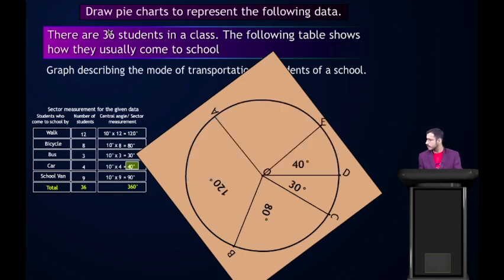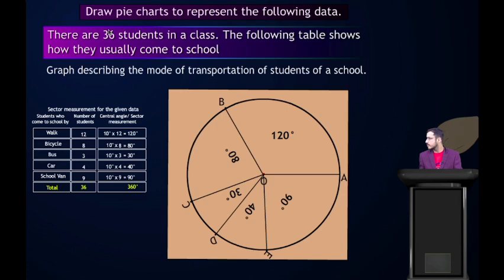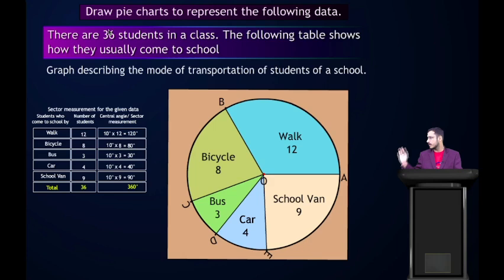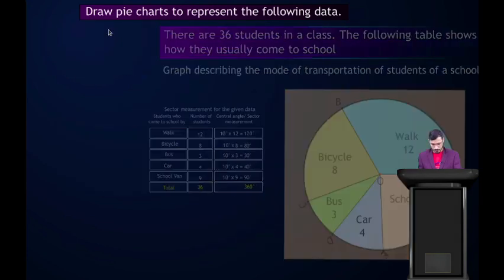It's pretty simple, students. Now name the segments here. 120 degree means walk, 80 degree means bicycle, 30 degree bus, then car, and school van.